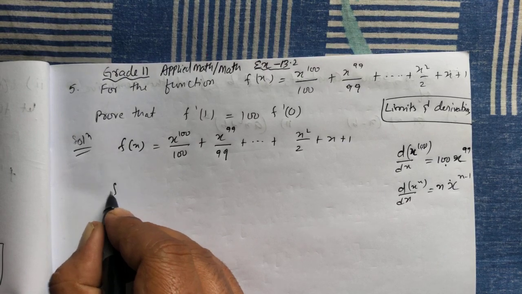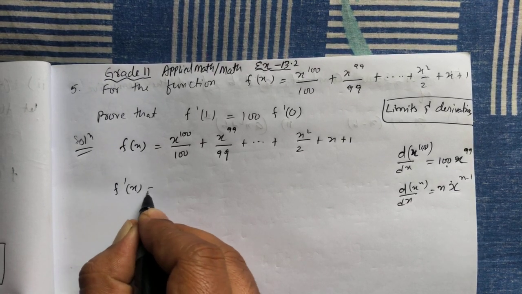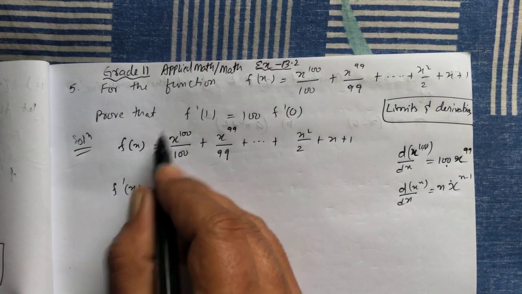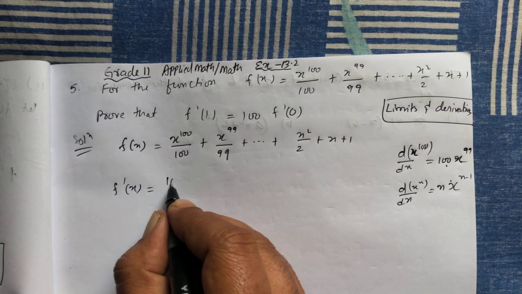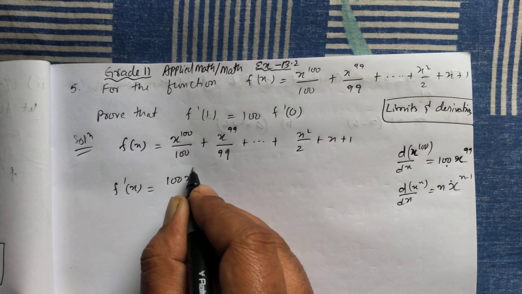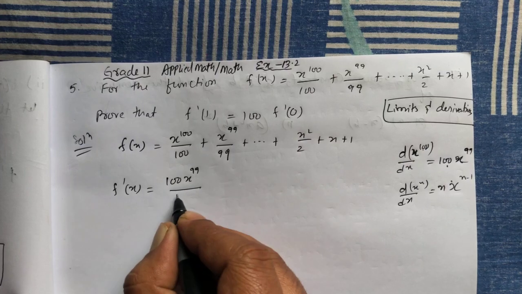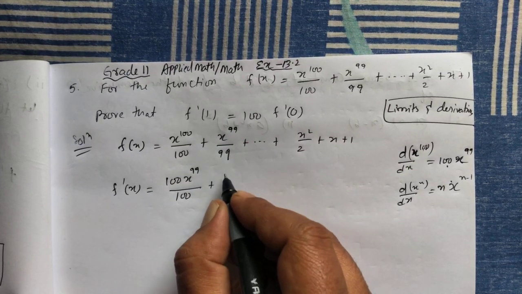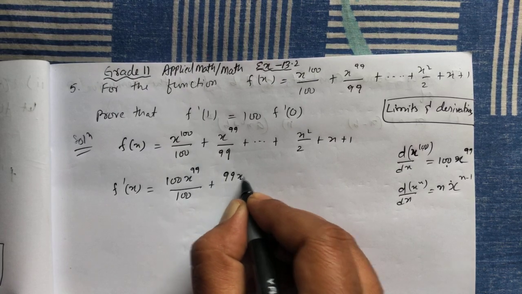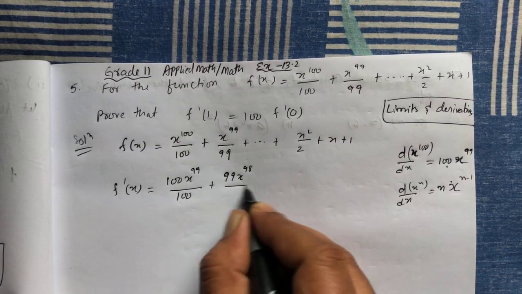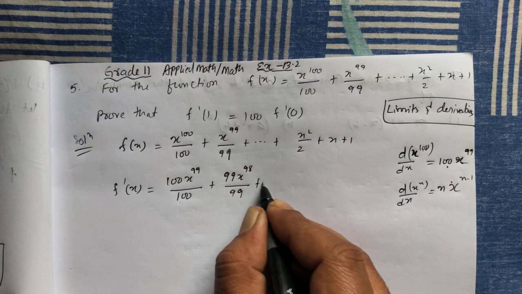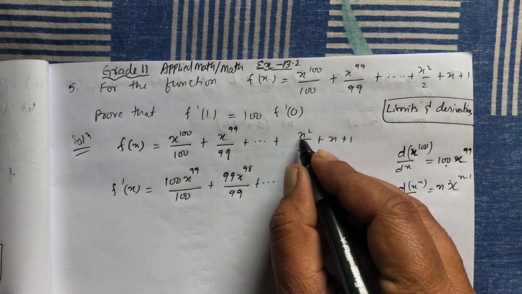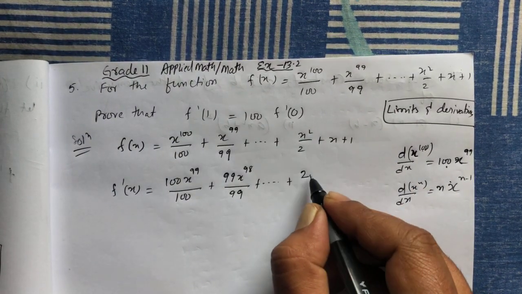So let us find the derivative of f(x), that is f dash x. If I derive this, I'll get 100 x to the power 99, divided by 100. If I derive x to the power 99, I'll get 99 x to the power 98 by 99. It will go on like that. If I derive x squared by 2, we'll get 2x by 2.